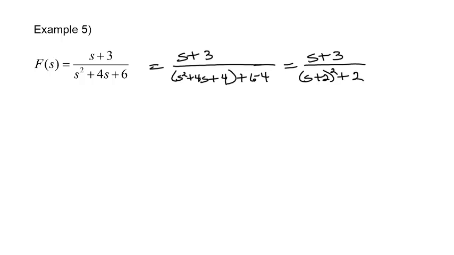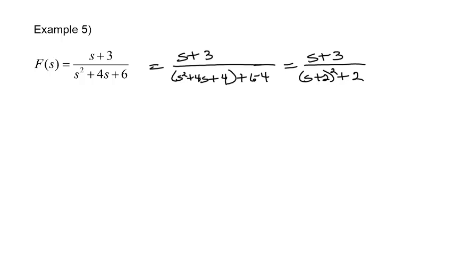Now we are close to matching one of our rules. In rule number 9, you'll notice we have a denominator of s plus a quantity square plus b square. And in rule 10, we have a denominator of s plus a quantity square plus b square. So the key here is, because I need an s plus a on top, or just a constant b on top, I still have to rewrite the numerator now.